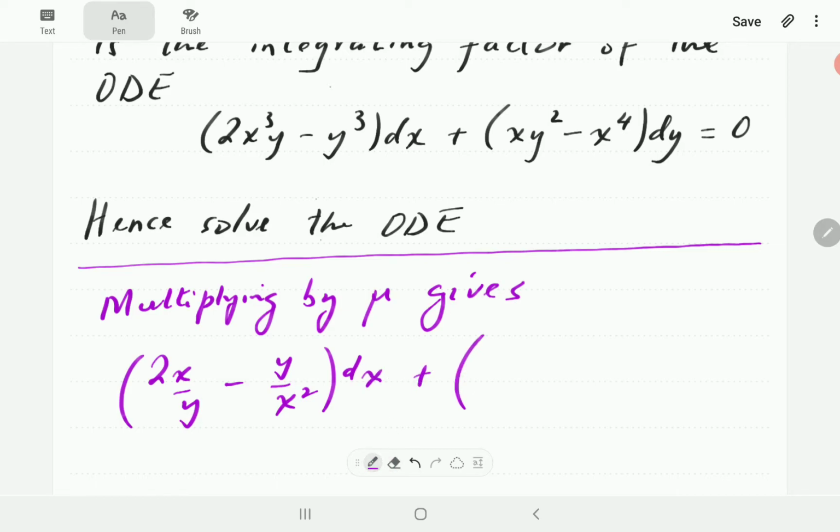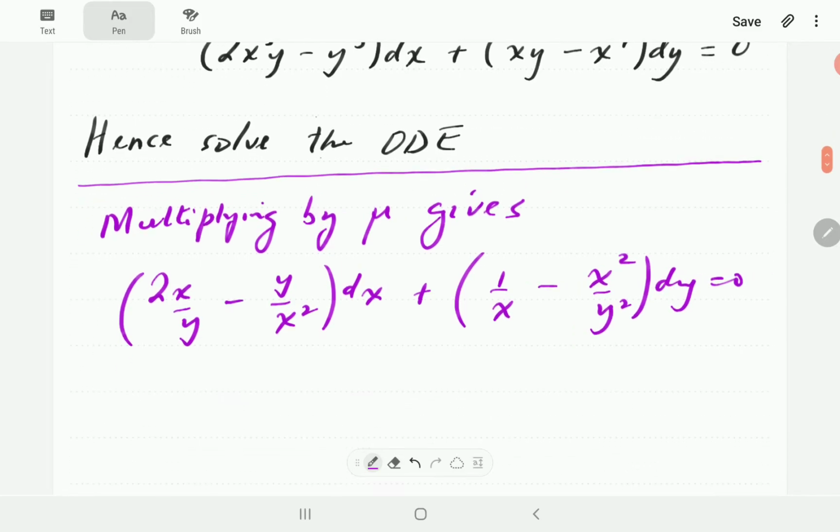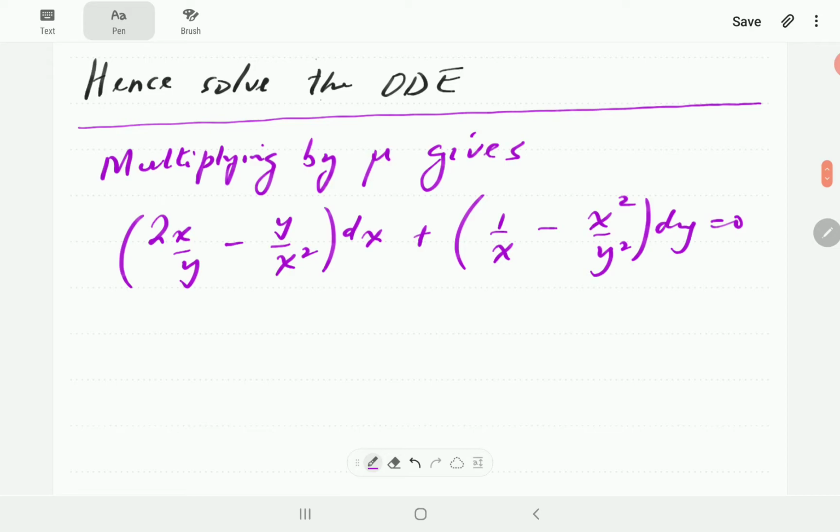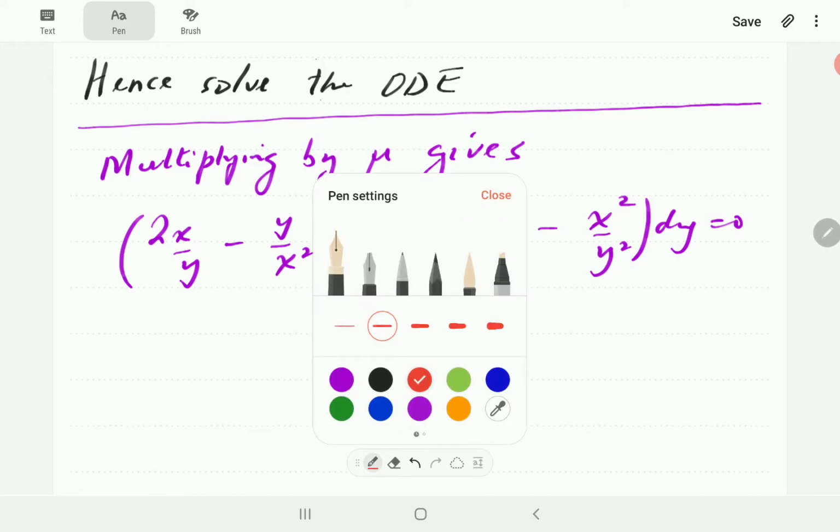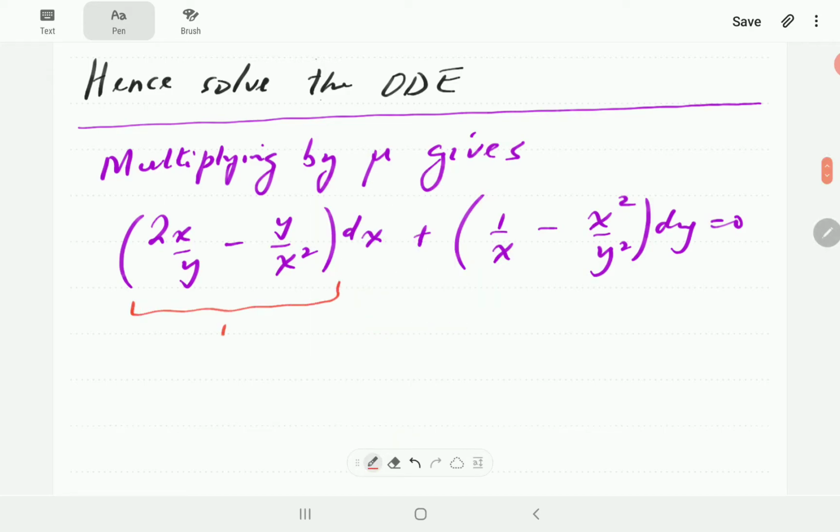And then this one is just going to be 1 over x. And the last one is going to be x squared over y squared. So that's what our ODE is now going to become. So this is our new M, and this is our new N.